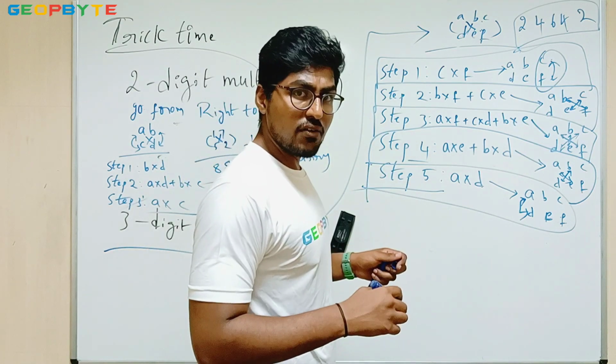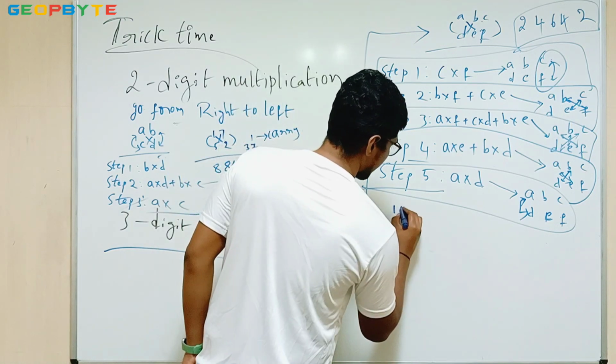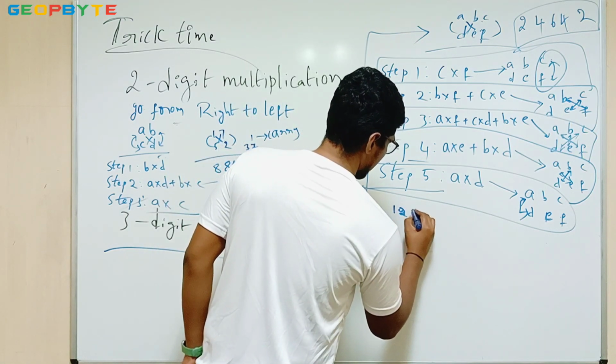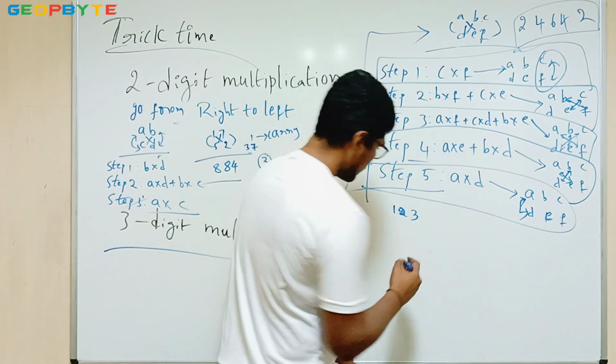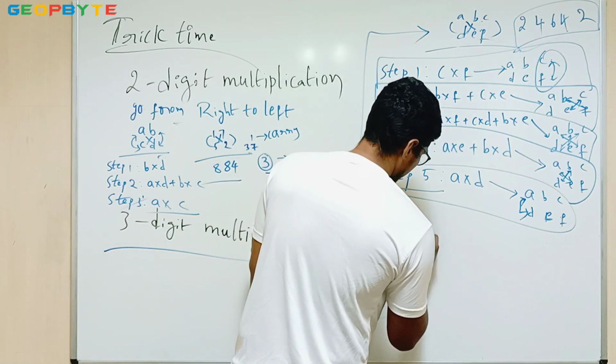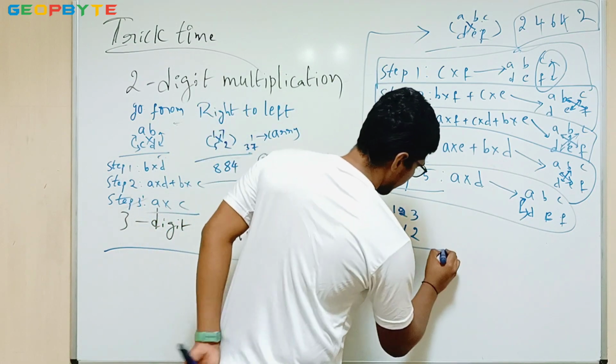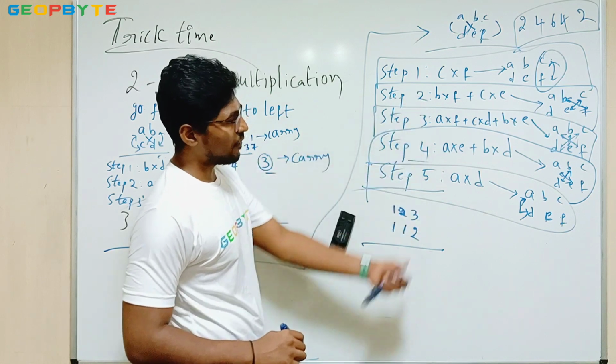So we will go by some easy way, some easy sums like 1, 2, 3 and 1, 1, 2, something like this. That would be easy. See, I have to follow the same thing.